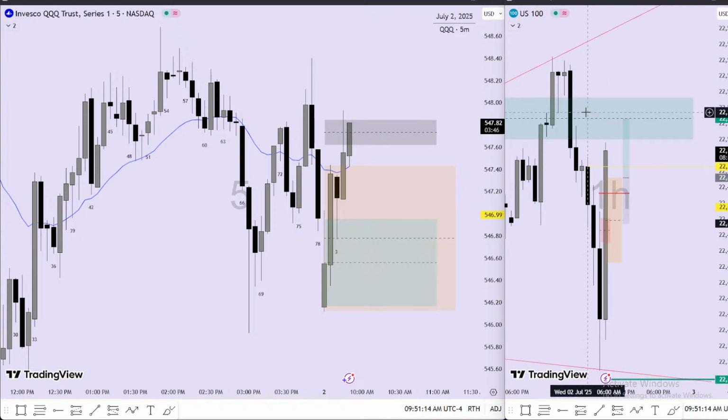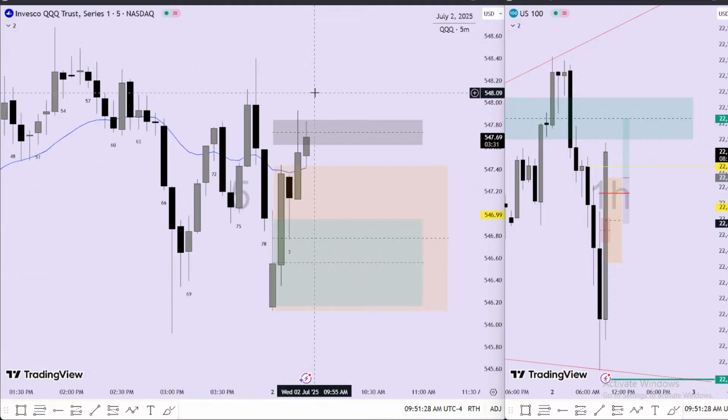We can close this gap on the hourly, 537 or 529. But we need to stay above the moving average.